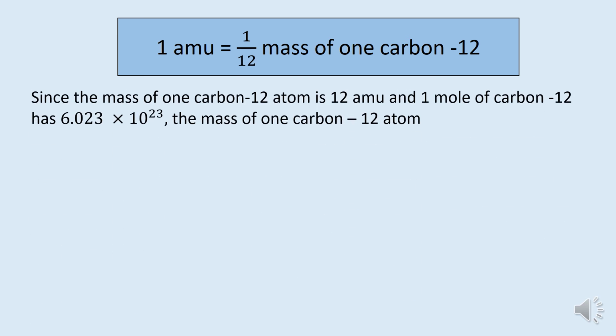Therefore, since the mass of one carbon-12 atom is 12 atomic mass unit and 1 mole of carbon-12 has 6.023 times 10 to the power of 23, which is also equal to Avogadro number, the mass of one carbon-12 atom can be obtained by 12 divided by 6.023 times 10 to power of 23 equals to 1.992 times 10 to power of negative 23 gram.